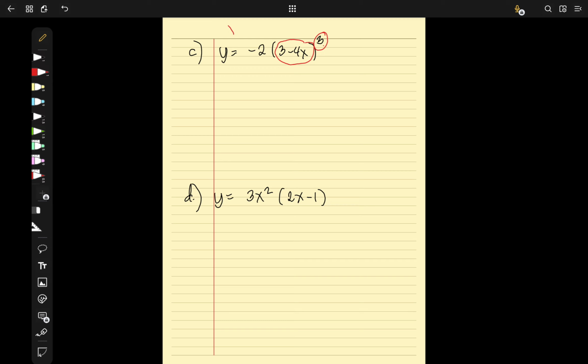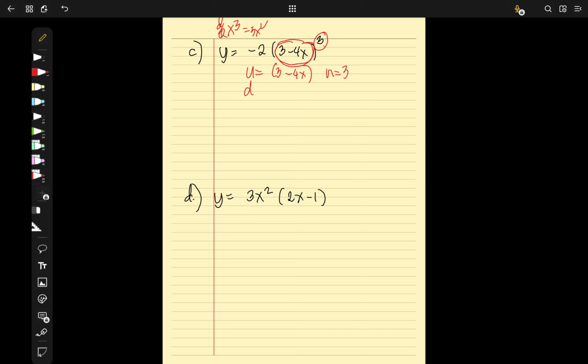Kung x cube yan, madali lang yan, di ba? Gagawin lang niya yung derivative niyan is 3x squared. Walang hirap-hirap. But dito, yung naka-cube is a binomial. So, kailangan natin sundin yung u raised to n. Ang u natin dyan is 3 minus 4x and n is equal to 3.